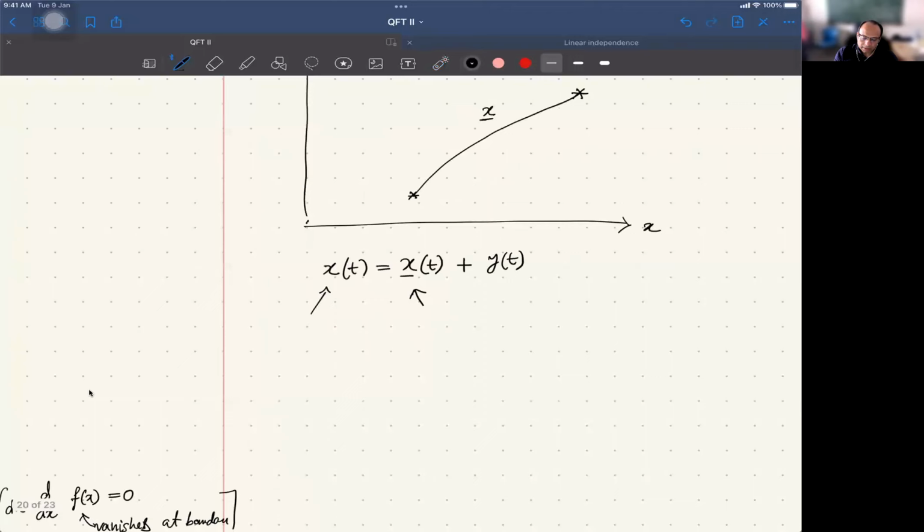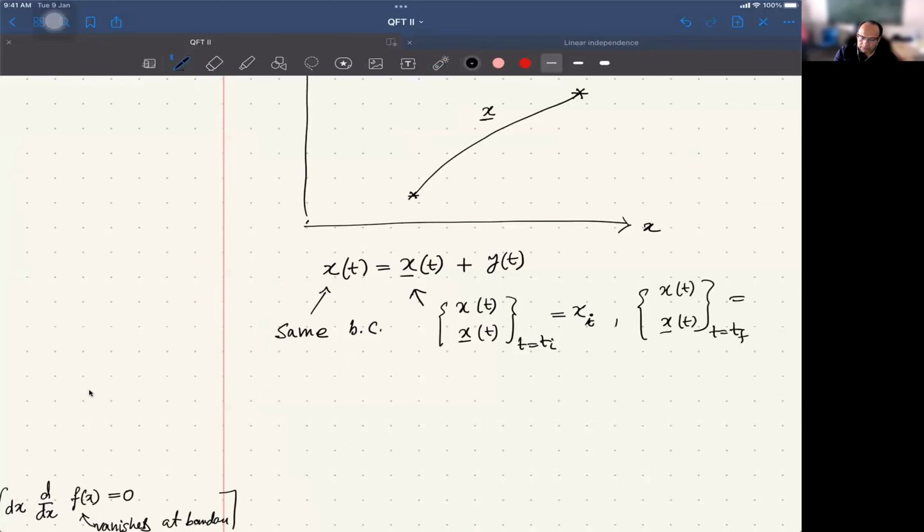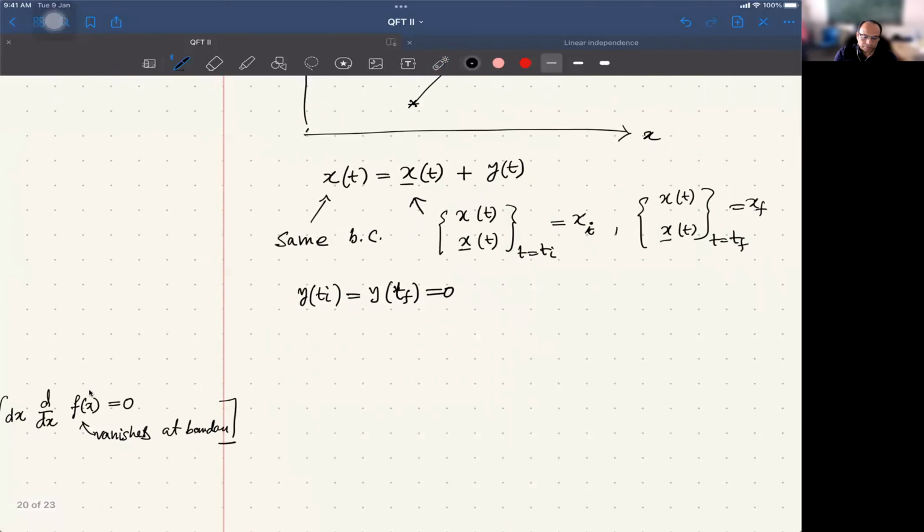Both x(t) and x lower bar(t) satisfy the same boundary condition, meaning at t equals t_i both are x_i, and at t equals t_f both are x_f. Therefore, y(t_i) is equal to y(t_f) is equal to 0. So the y boundary condition vanishes.